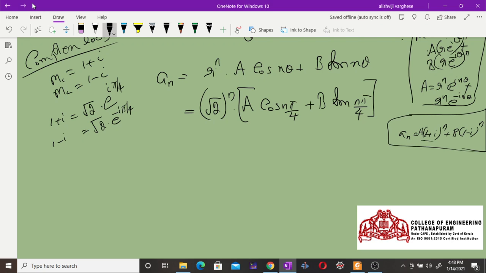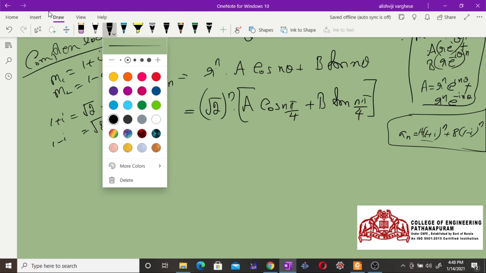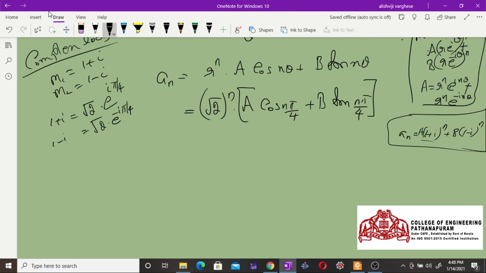This solution is also valid, but the problem is that the solution contains complex numbers, and our sequence is not a complex sequence. It contains only real values. So it is better to obtain a form which contains only real entries, and that is why we use this particular form.